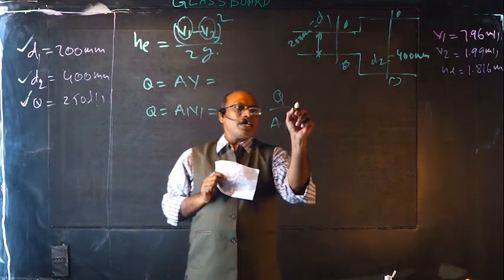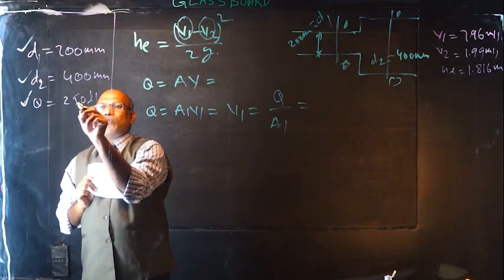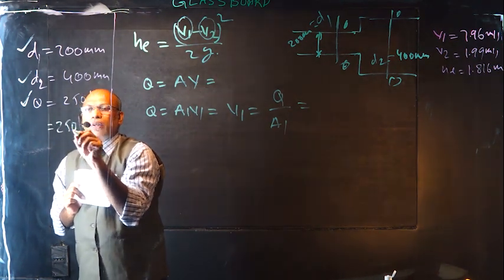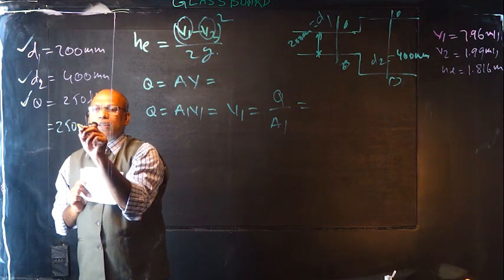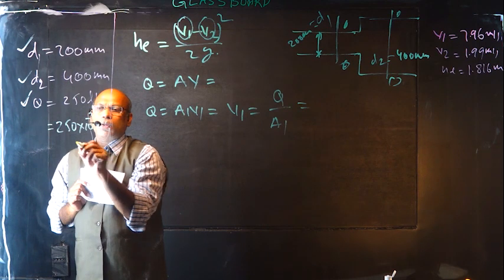What is the Q? The discharge from the pipe is given, that is 250 liters per second. First this converts into meter cube per second. 250 liters per second is 250 into 10 power minus 3 meter cube per second.